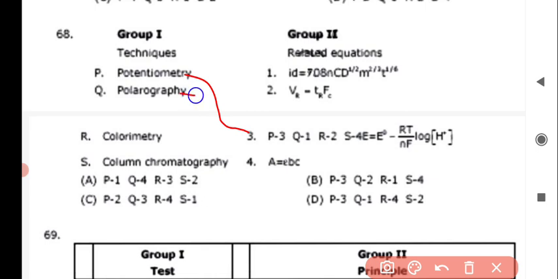The correct answer is option number 1, that is Id is equal to 708 n C D power 1 by 2 m power 2 by 3 t power 1 by 6. Next technique is colorimetry. The correct answer is option number 4, A is equal to EBC. Next is column chromatography. The correct equation is option number 2, that is VR is equal to tR F C. So option D is correct for this question.